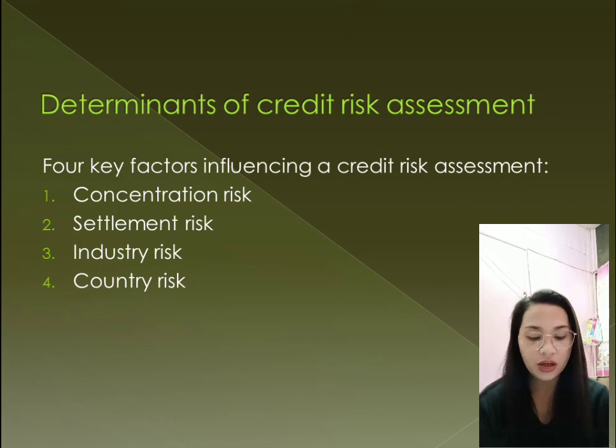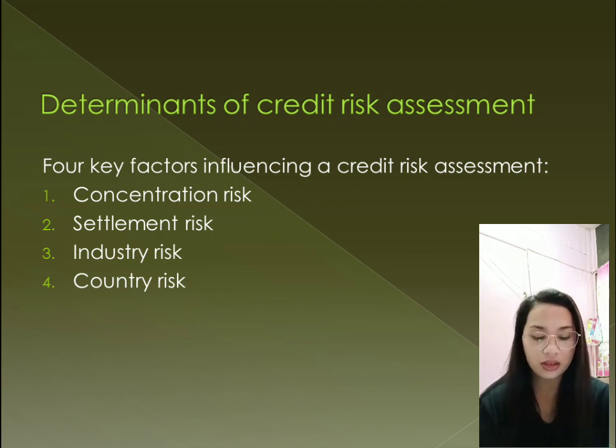Number 1, concentration risk arises when there are many exposures to parties that share similar characteristics. Number 2, settlement risk arises when a clearing agent or third party processes transactions for other parties.